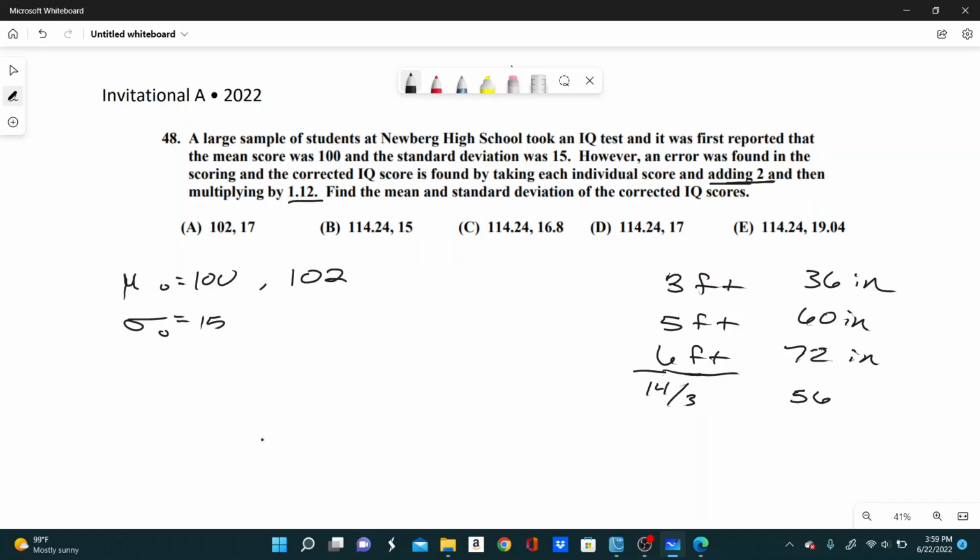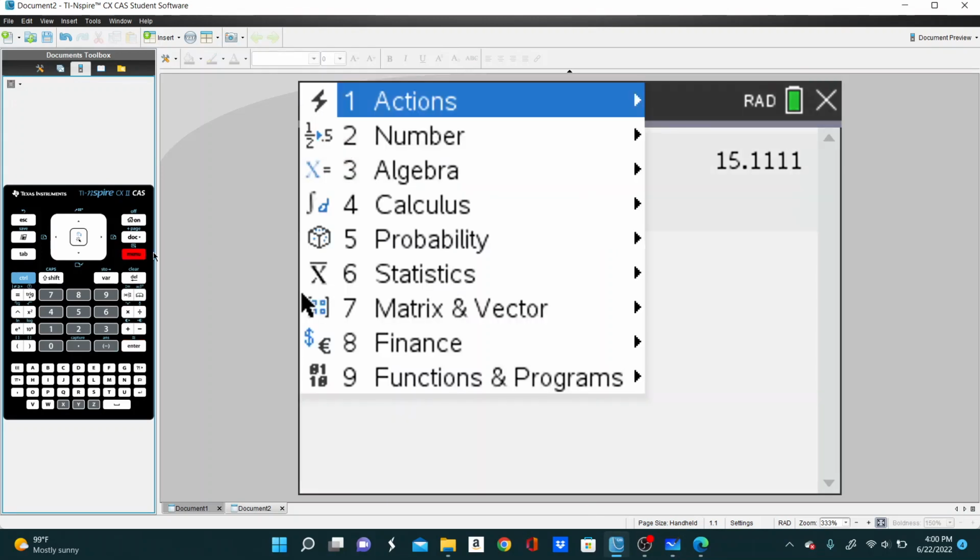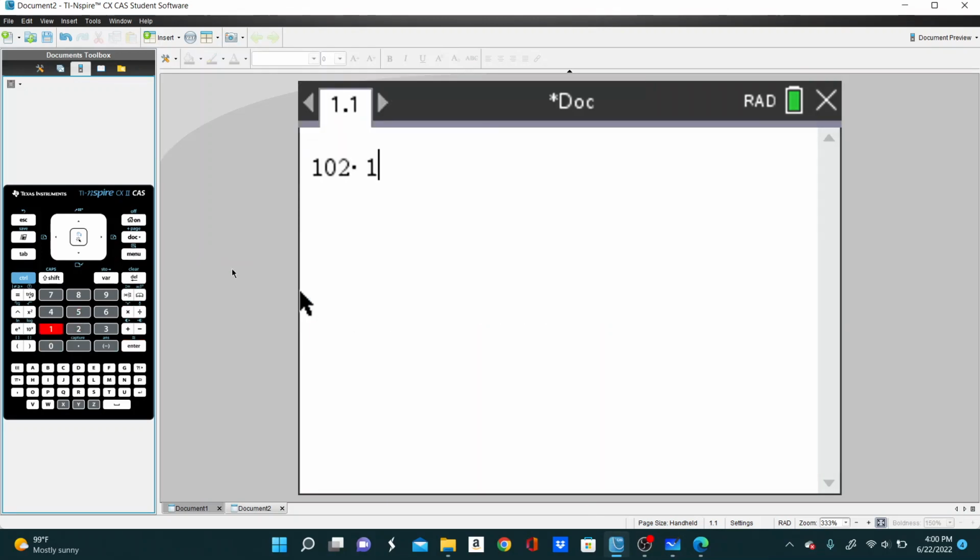If you notice, we multiplied everything by 12, and the mean was also multiplied by 12, from 14/3 to 56. So if we multiply all of our IQs by 1.12, that's also going to multiply the mean by 1.12. So we take 102, multiply by 1.12, and we get a new mean of 114.24.